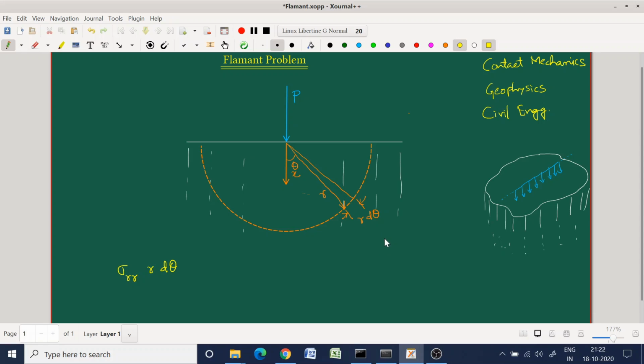But that is not what I want. I want the component of that force in the vertical direction. And what is the component of that force in the vertical direction? I have to multiply this thing by cos theta.